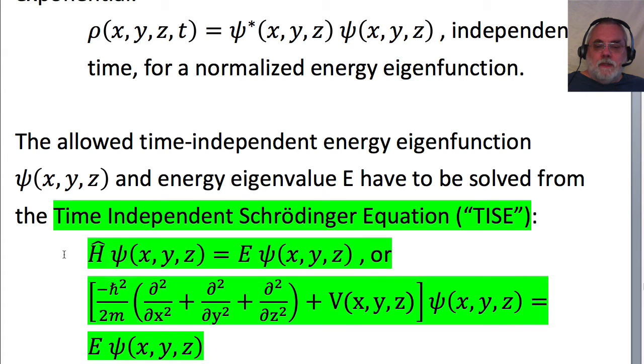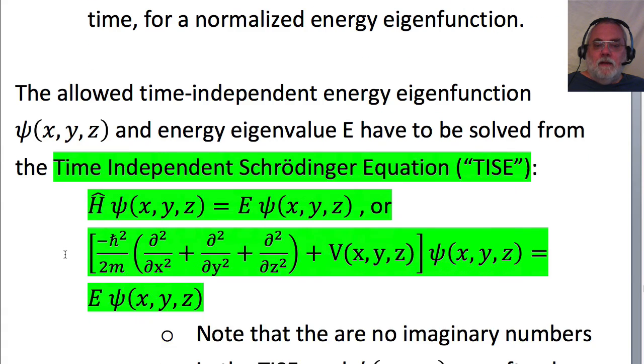We can substitute in the Hamiltonian and we get minus h bar squared over 2m quantity second derivative with respect to x plus second derivative with respect to y plus second derivative with respect to z plus potential energy, all of that quantity times the spatial wave function lowercase psi has to equal the energy times psi. That is the time-independent Schrödinger equation.